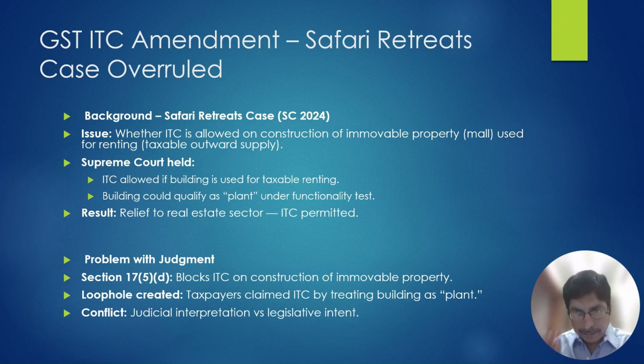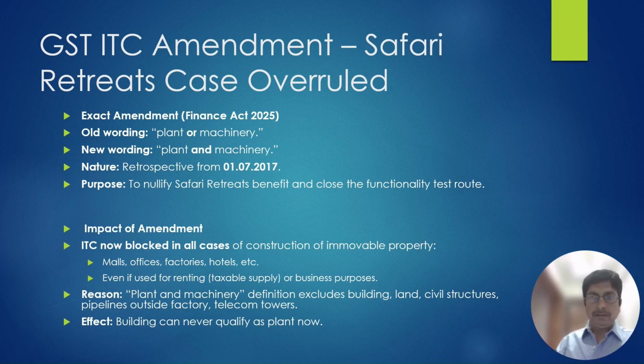Okay, so by this amendment, by substituting the words plant and machinery from 1st July 2017, this case of Safari Retreats is overruled. It's over. The ITC credit is no more available even if that building is constructed for the purpose of business.